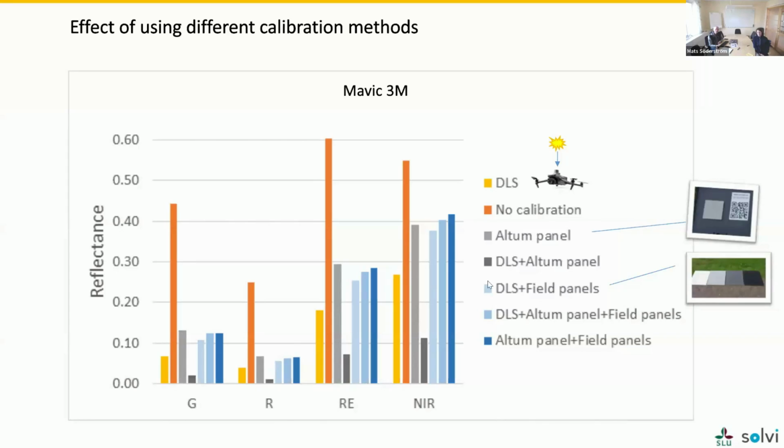And also if you use some other type of calibration, you would increase the near infrared here to something that is actually quite similar to the other drones. So that is something that we could see, that there was some kind of difference between this drone and the others when we used only the incoming light sensor. And I don't think that is very strange either. But it's something to think about.